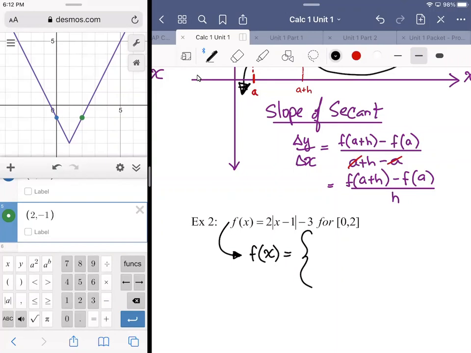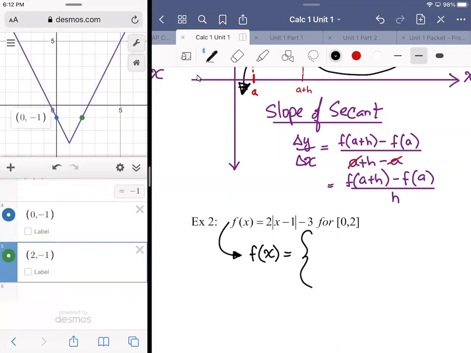So I have a y-intercept right here, 0, -1. So that left piece would have an equation of -2, right? We get the slope from the coefficient of the absolute value function.